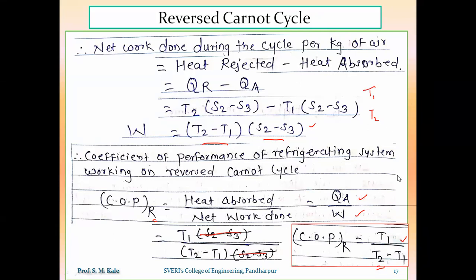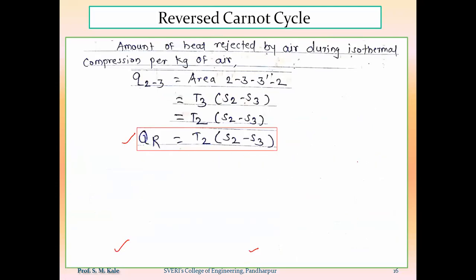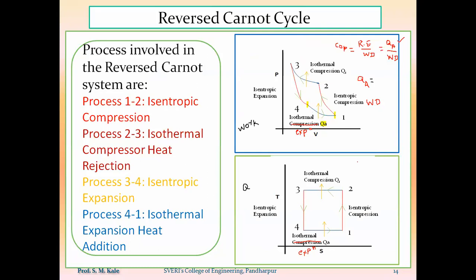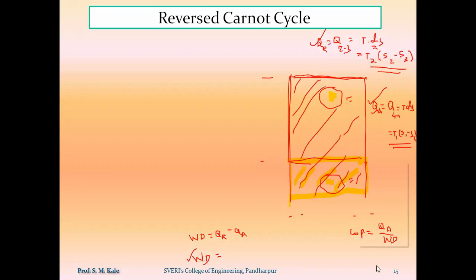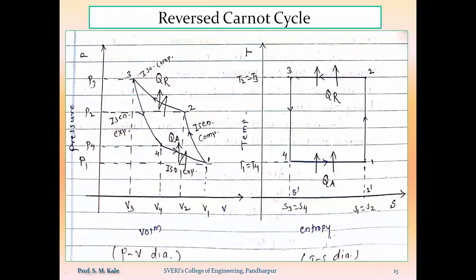Can anyone tell me the meaning of T1 and T2? Here, this is the value of T1, which is equal to T4. This is the value of T2, which is equal to T3.